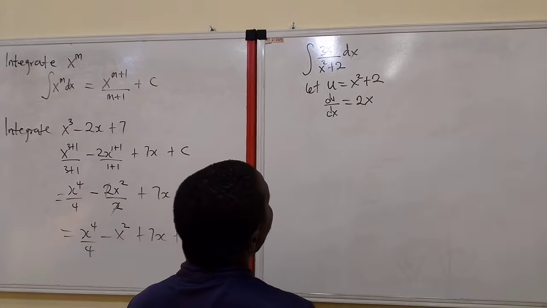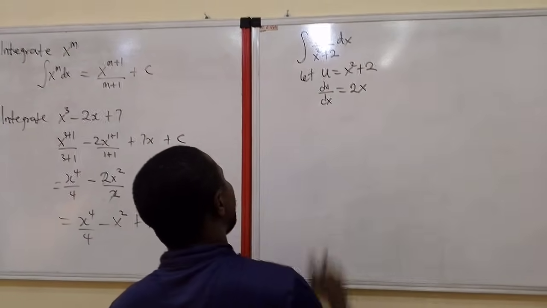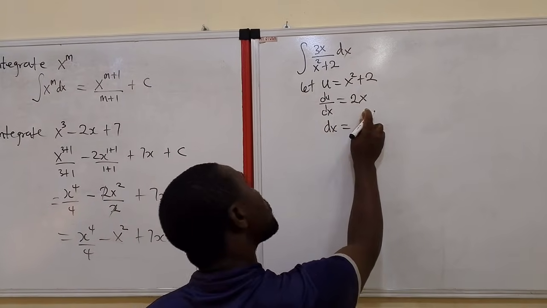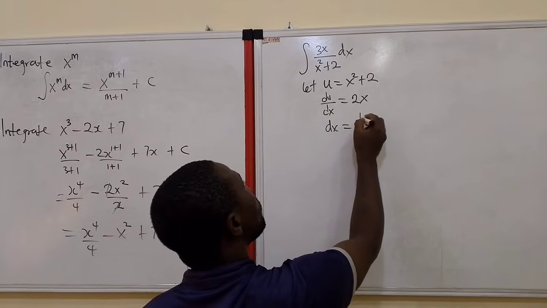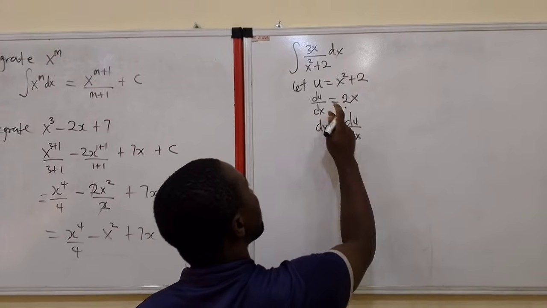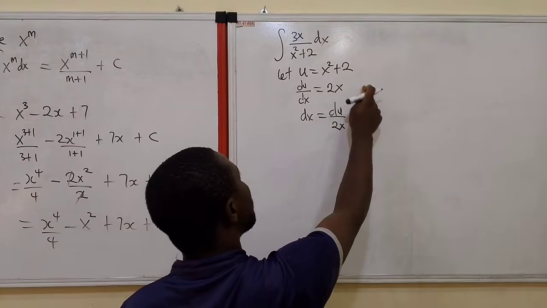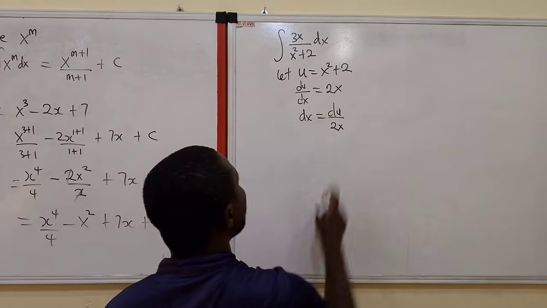The next thing is I will now make dx the subject of the formula. My dx now will be equal to du over 2x. Carry dx this way, bring 2x down. So dx will be du over 2x.